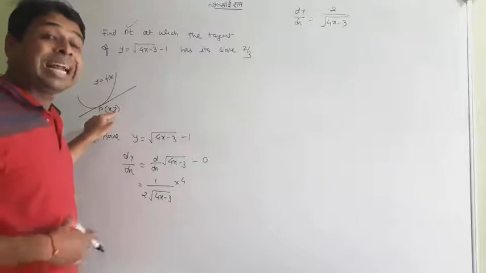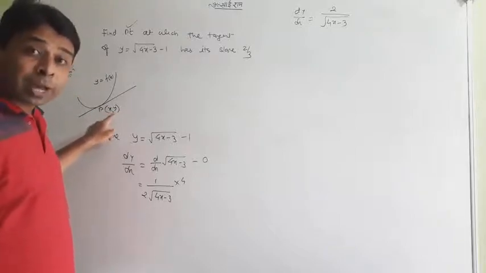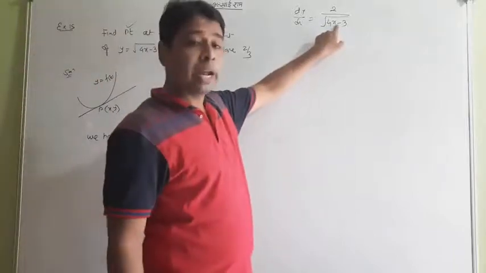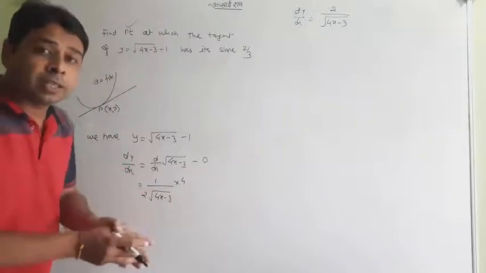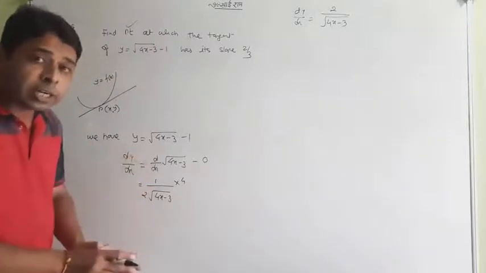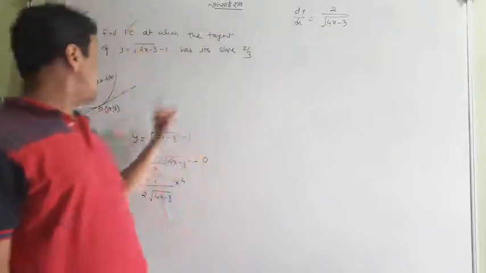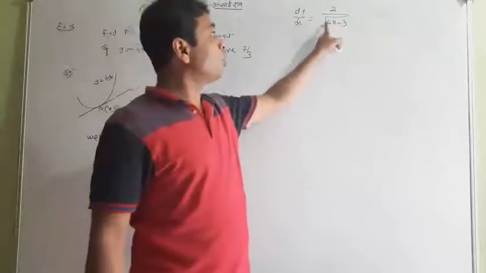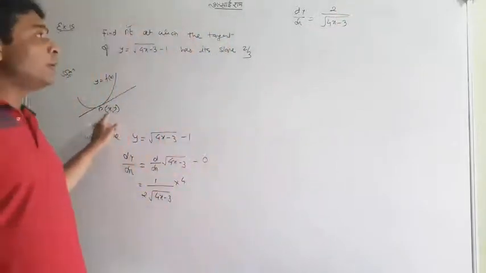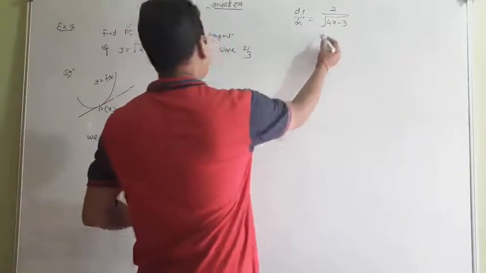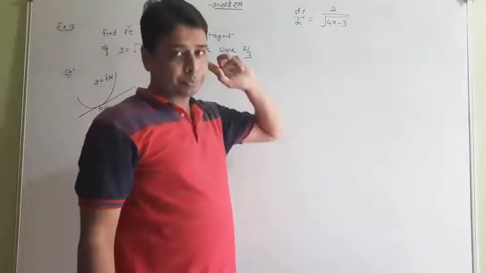Intentionally I took x and y, because if you take x1 and y1, you have to put the x1 and y1 values here. But for ease, I just took the point of contact as xy. Unfortunately y is not here, no matter at all, but x only will say it is the point of contact xy. When we put it here, it will be the slope of the tangent.